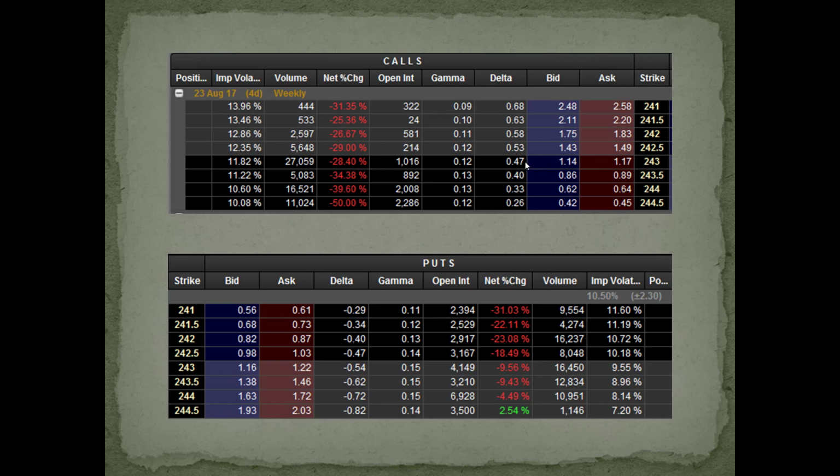If it moves 40 cents, you're going to be making around a 16 to 18 cent increase on your contract.